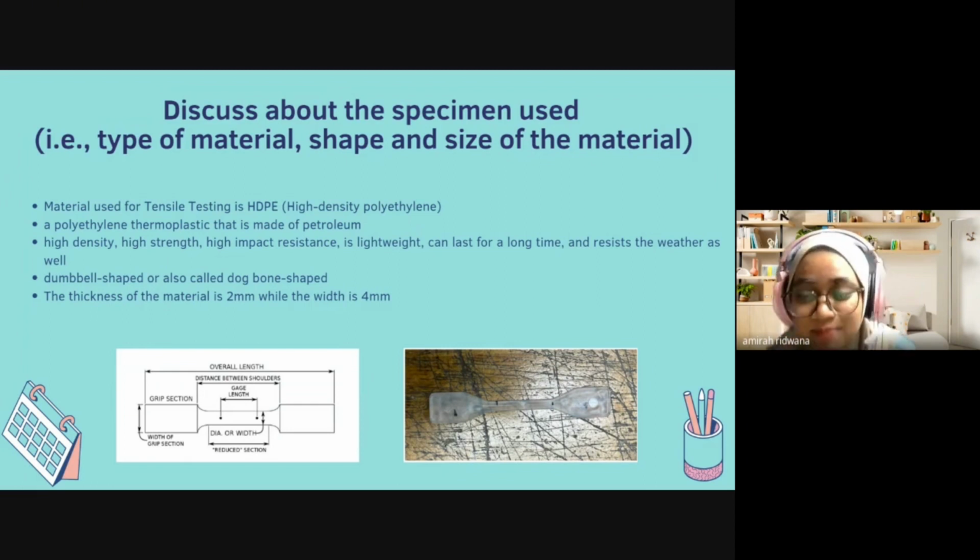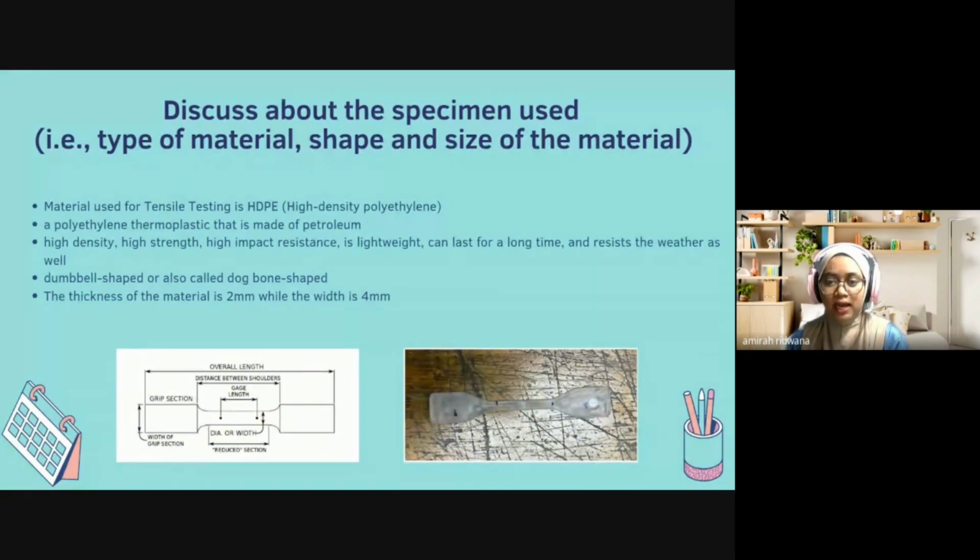standardized sample cross section. The sample is dumbbell shaped, also called dog bone shape. The dumbbell dimensions are modulated as a function of the material thickness. Sample cutting is of paramount importance for obtaining accurate and reproducible results. It has two shoulders and a gauge section between the two shoulders.